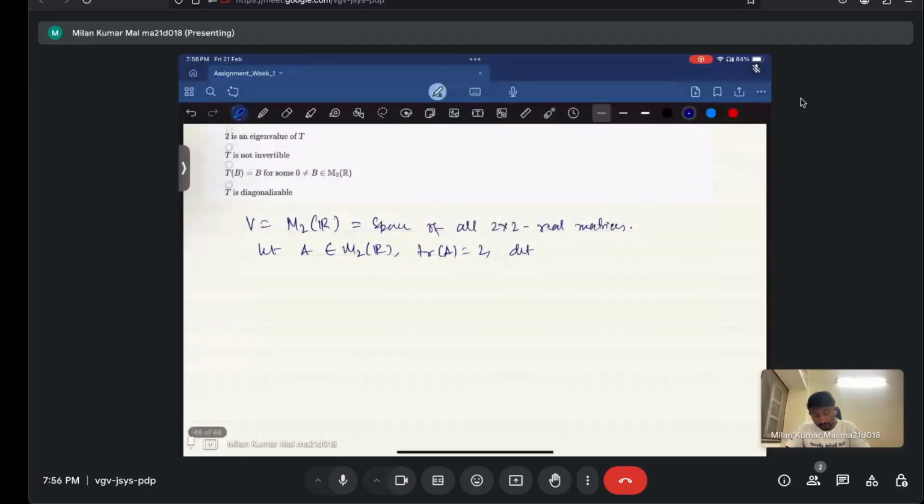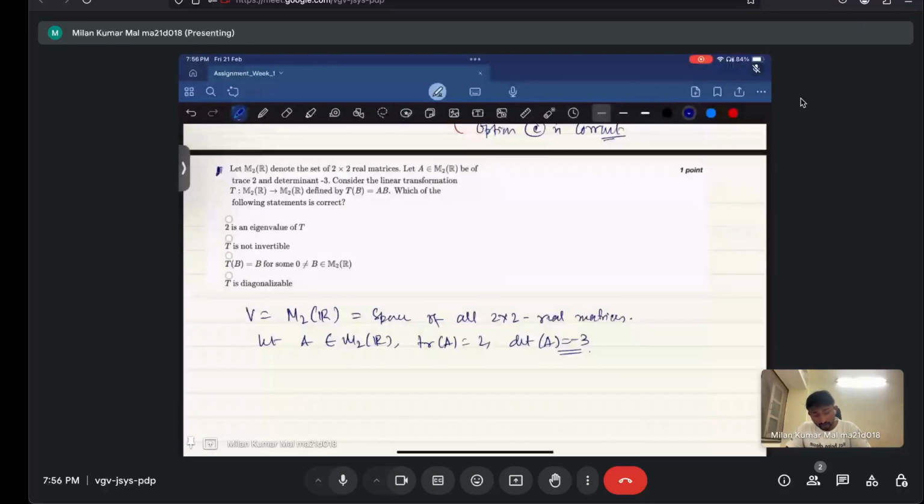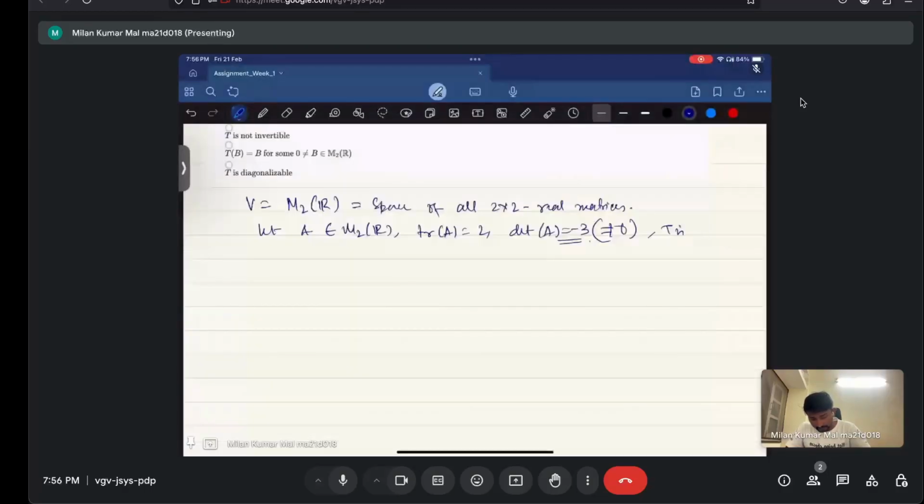Consider the linear transformation T from M2R to M2R defined by T(B) equals AB. As the determinant is non-zero, A is an invertible matrix.